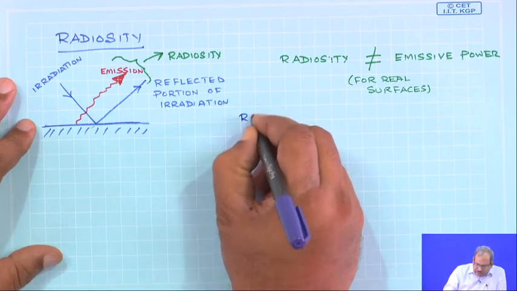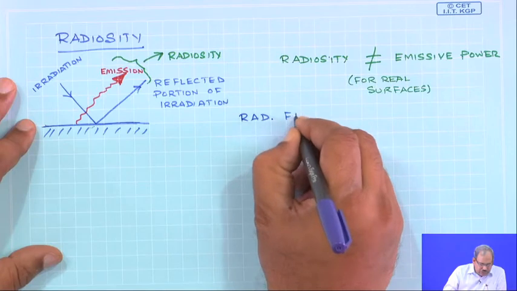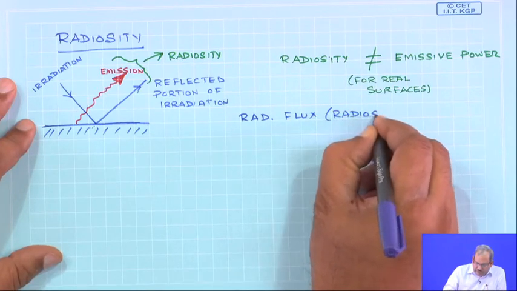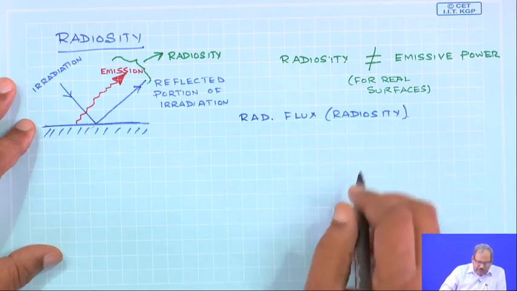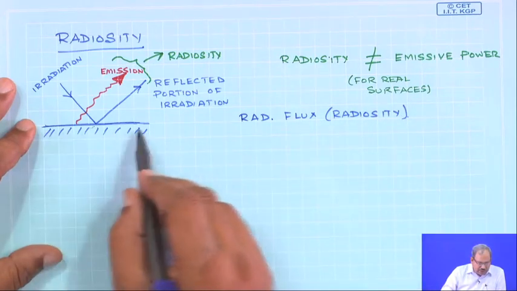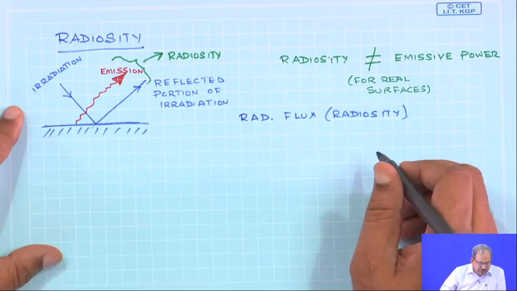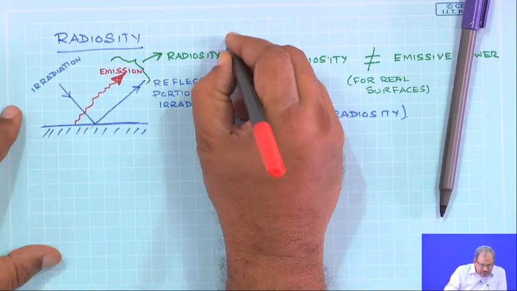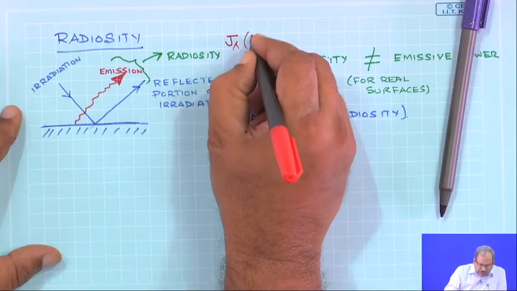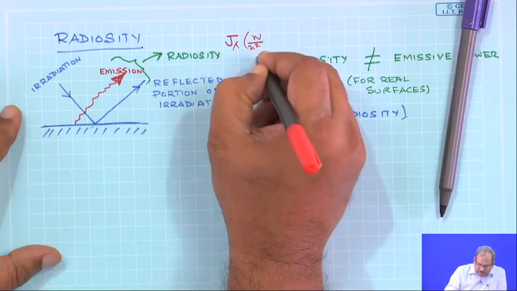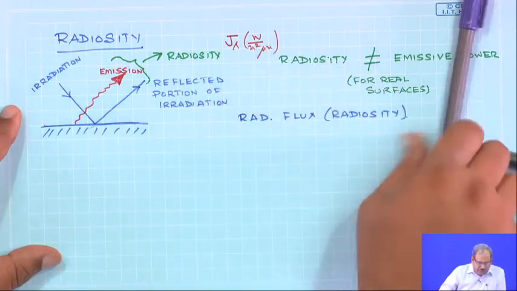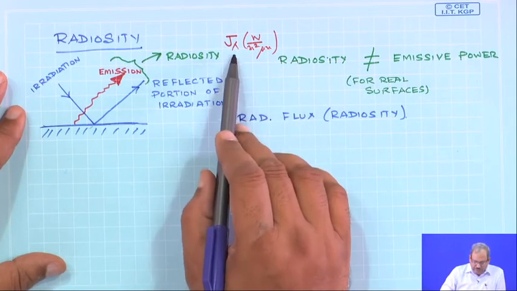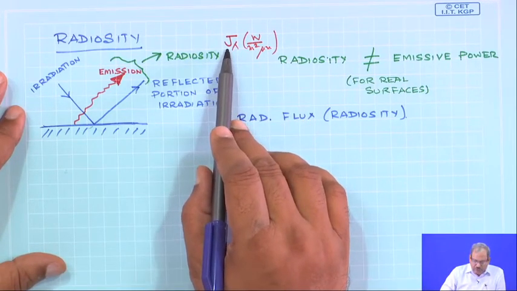So, the radiation flux, which is radiosity, is based on the actual surface area, and radiosity is generally denoted by J. If it is spectral, it is watt per meter square per micron, and from the spectral you can find out the total value of radiosity.